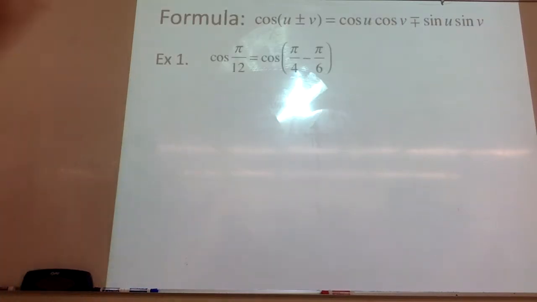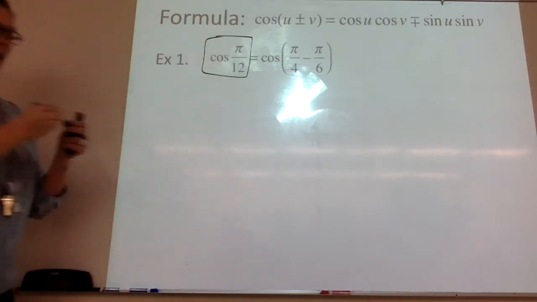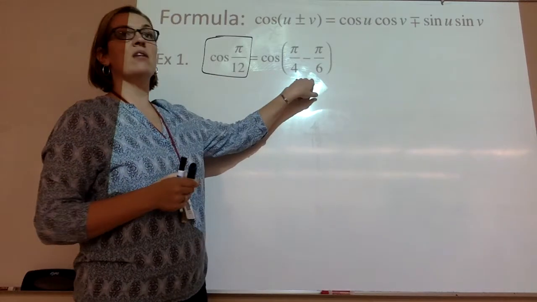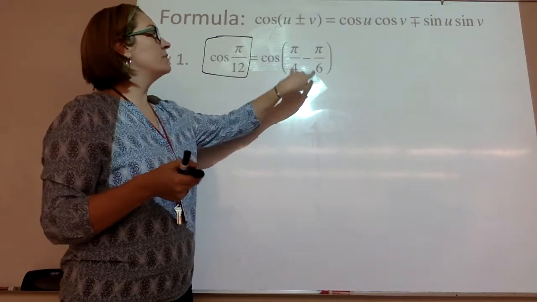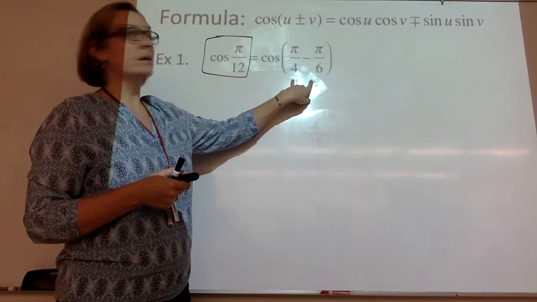So, if you look at the very first example in your notes, you are going to be asked to tell me what is the cosine of pi over 12 without a calculator. Step 1 to doing that is rewriting pi over 12 as either the sum or difference, adding and subtracting, of two unit circle values. Okay.